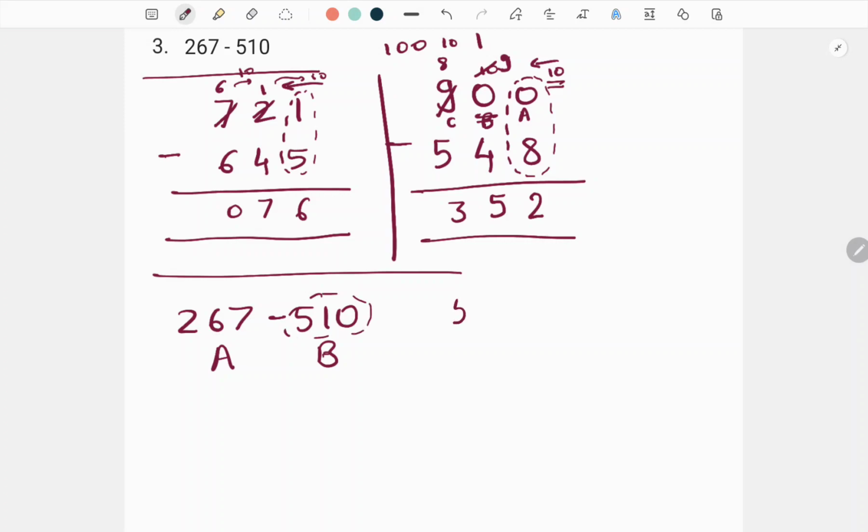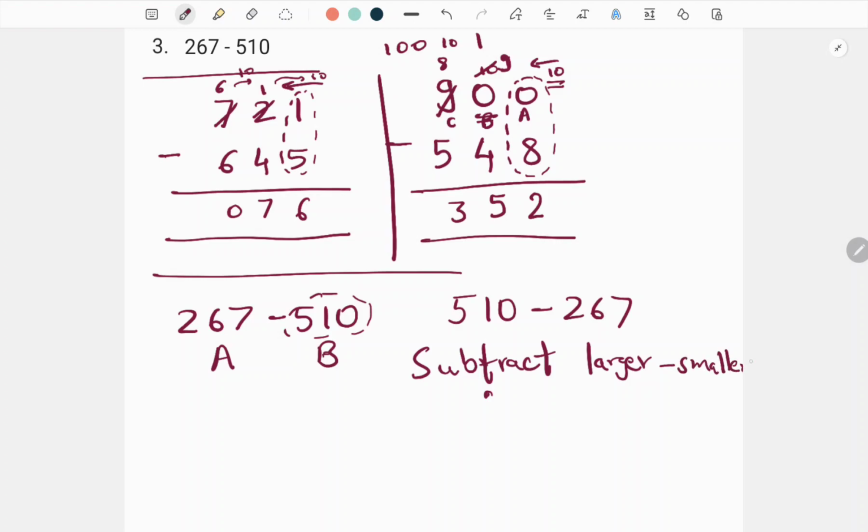So I should really subtract 510 minus 267, because the rule is always subtract smaller from larger, and give the result the sign of the larger number.